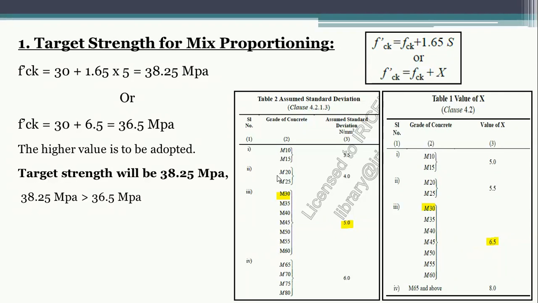So 95% of the test results should be more than 30, in the range of 30 to 38.25, and only 5% of the test results can be less than 30 Newton per mm square. Then only we say that it is M30 grade concrete.